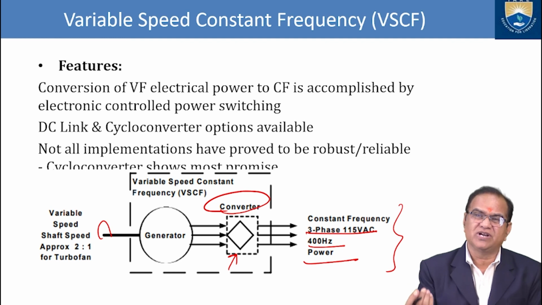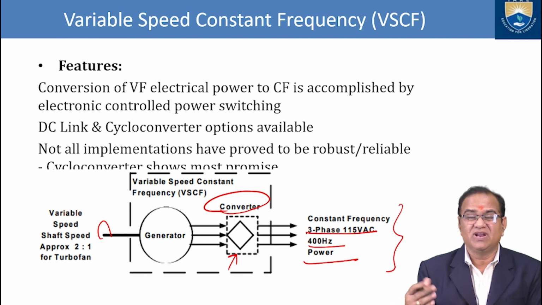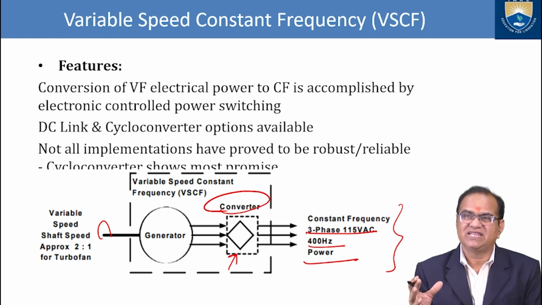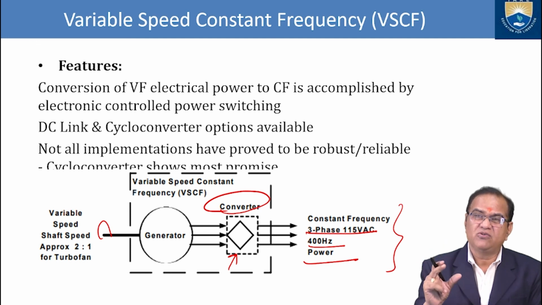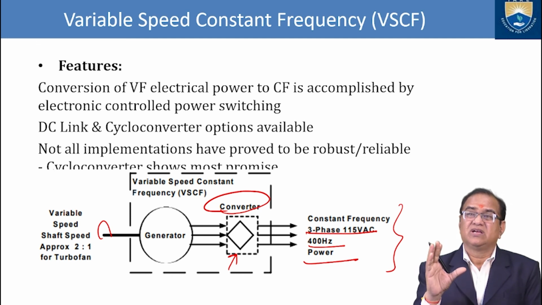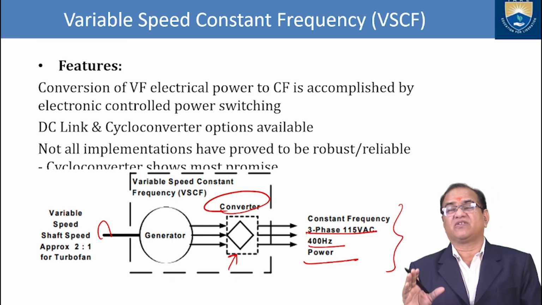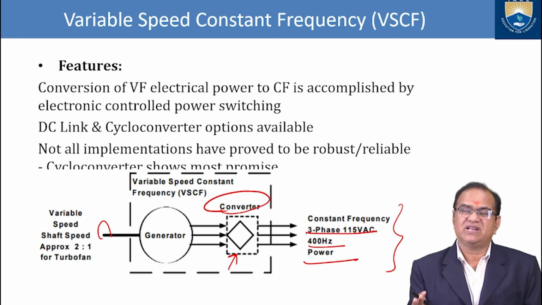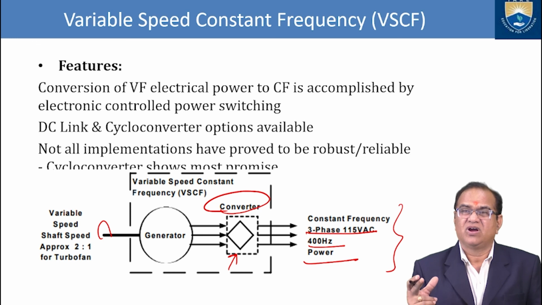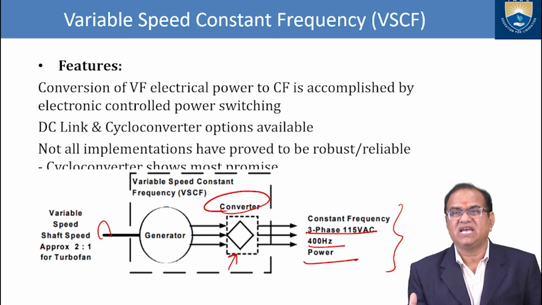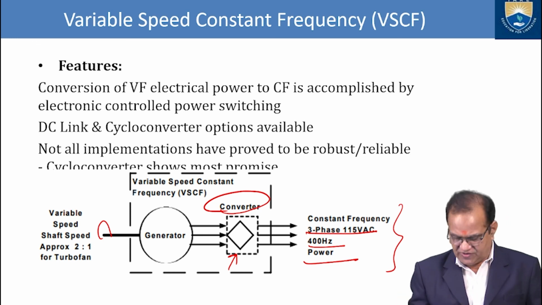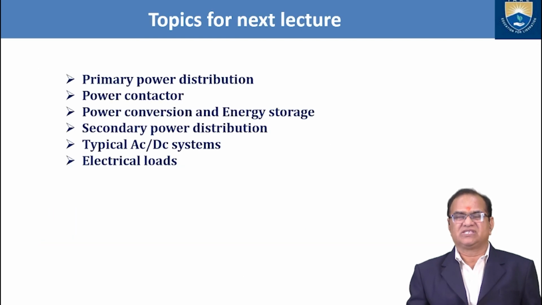We cannot give 250 or 700. It will malfunction. To avoid that, we have to use a constant frequency converter, called the variable speed constant frequency, VSCF converter. This will make sure that the aircraft gets the required rating of voltage, current and frequency, and the system works very efficiently.